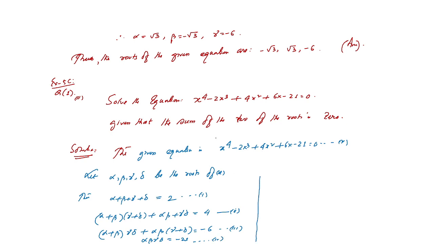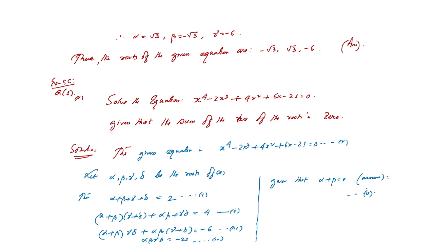And what is given? It is given that the sum of two of the roots is 0. So here we just consider alpha plus beta equals 0. We assume this relation. You can take beta plus gamma or alpha plus gamma or alpha plus delta, whatever. This is equation number 5.